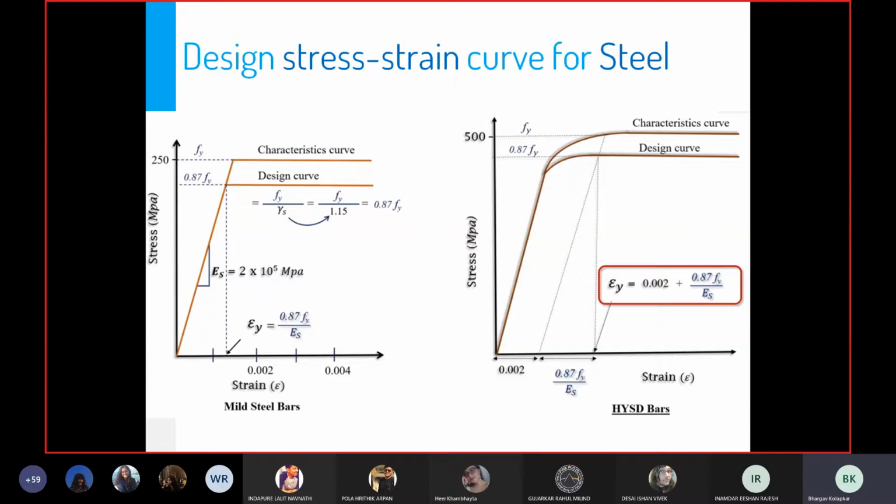It's obvious: the larger the residual strain, the larger the structural damage that we can expect. So 0.002 is a value arrived at after a lot of experiments and theories, for reinforcing steel or for reinforced concrete, that if there's a residual strain of 0.002, there is not going to be any significant structural damage, and therefore the value is 0.002.